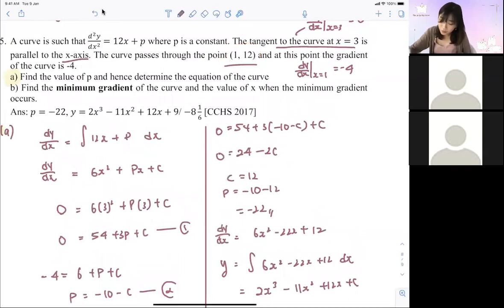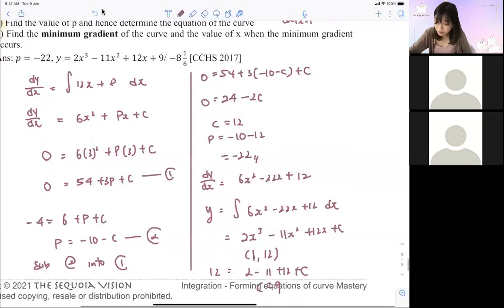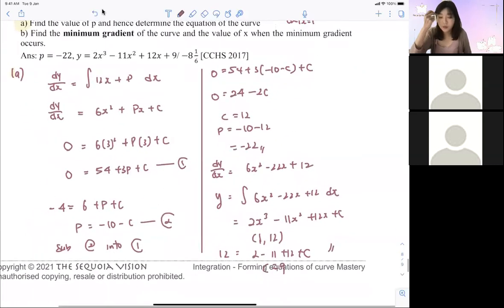Okay, so 1 and 12. C is 9. Okay, find c, sub c back, you get the answer already. Joshua, when you're done writing, can you help me put a thumbs up?